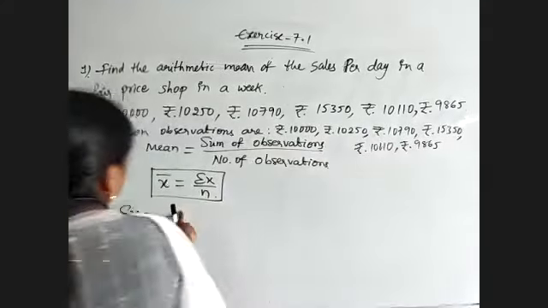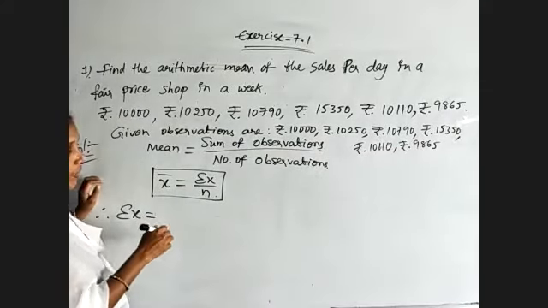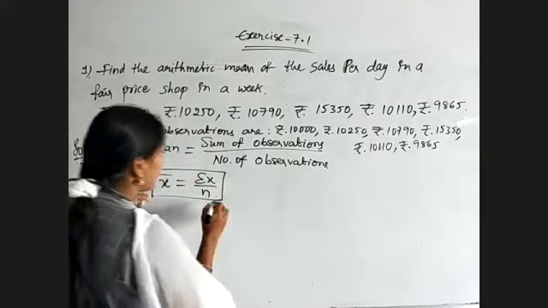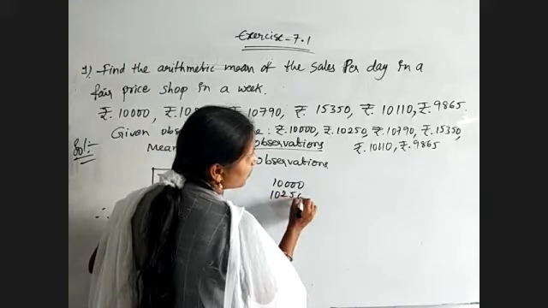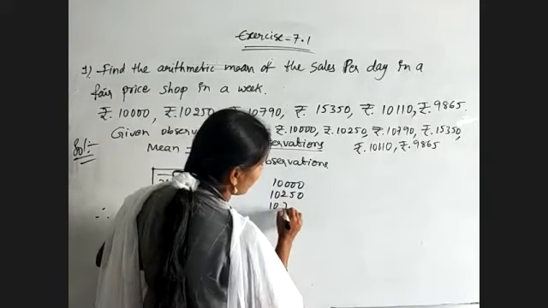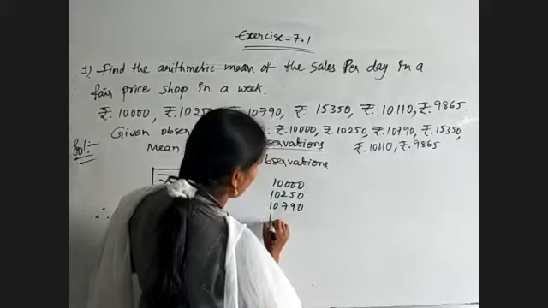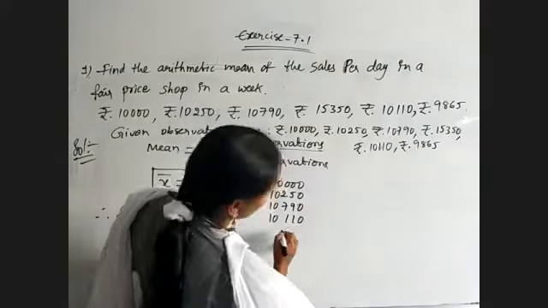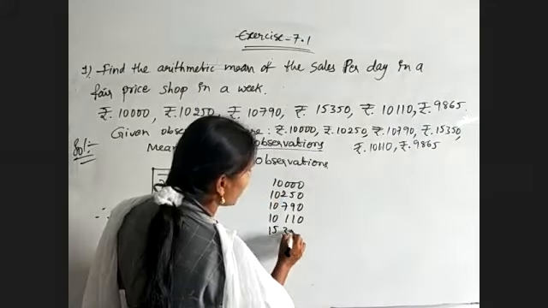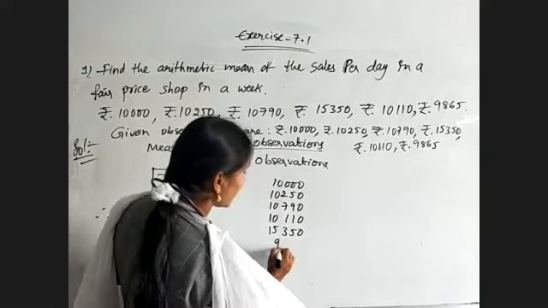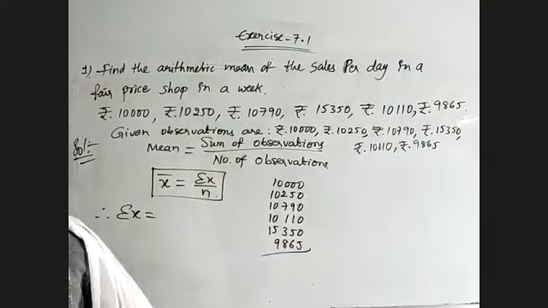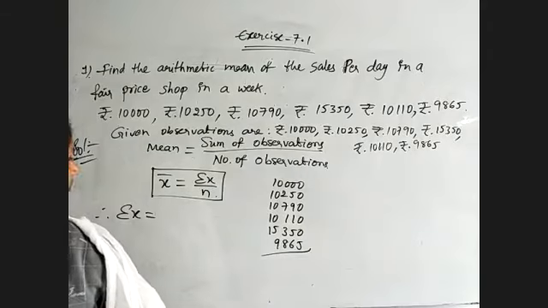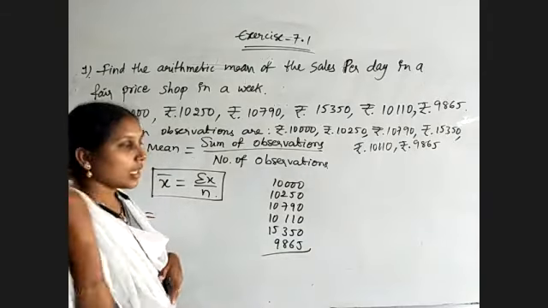And the sum of those 6 observations we need to find. So add them: 10,000 plus 10,250, 10,790, 10,110, 15,350, 9,865. Now add all the observations.